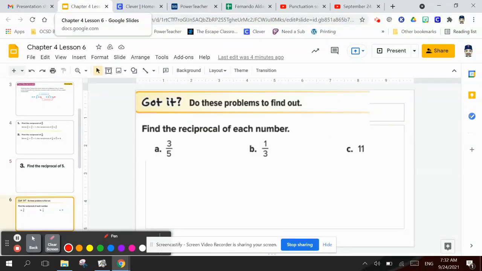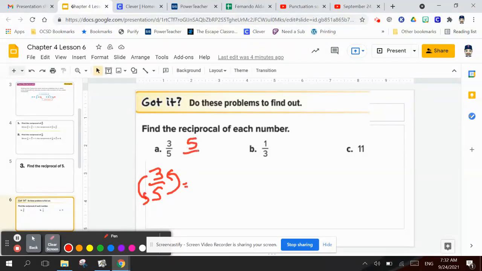So here's some practice with the reciprocals. 3/5. The reciprocal, if I flip my numerator and denominator around, is 5/3. I want you to pause the video and try these out on your own. Letter B, 1/3.